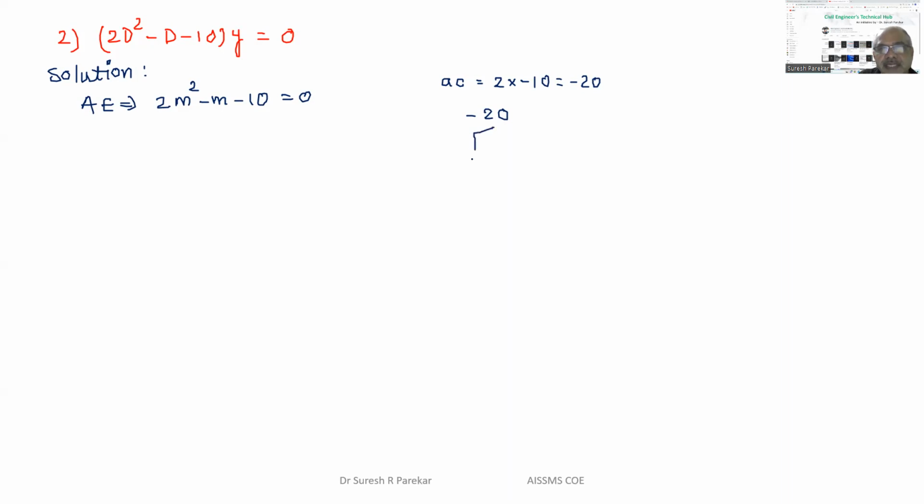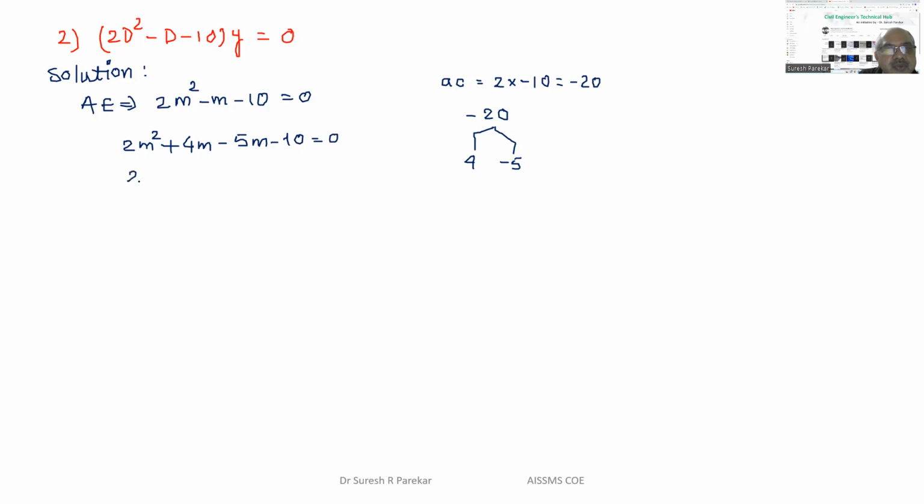So we have this as 4 and −5. And then from this we can have 2m² + 4m − 5m − 10 = 0.